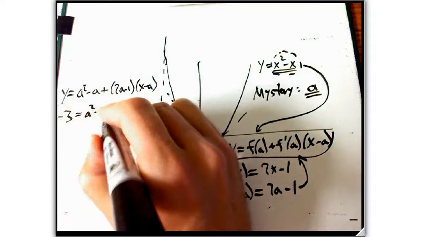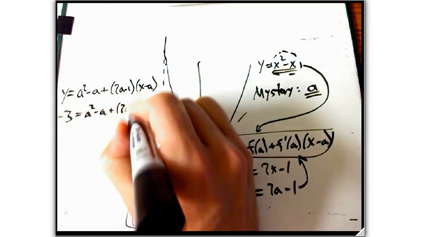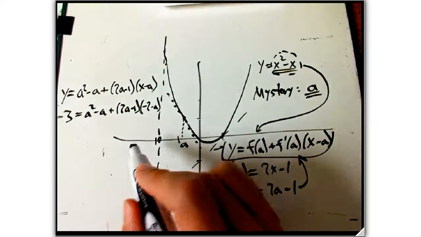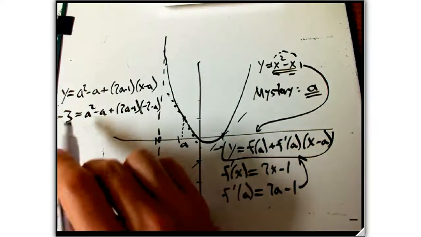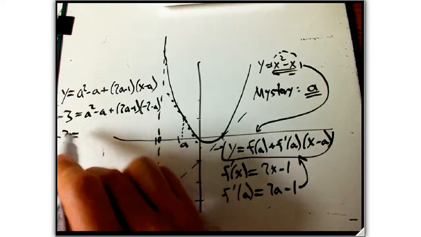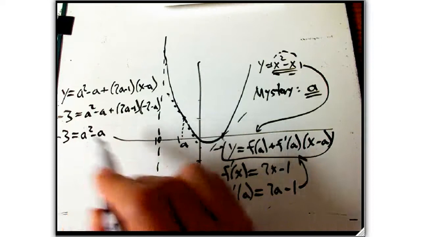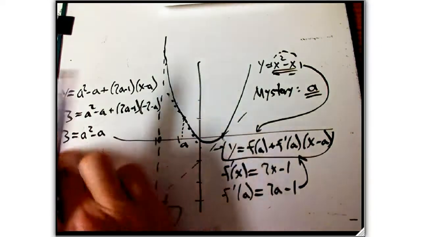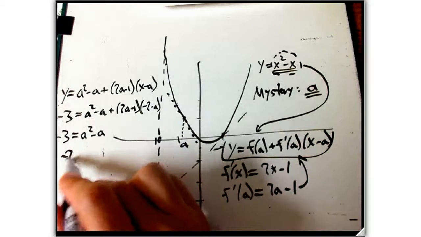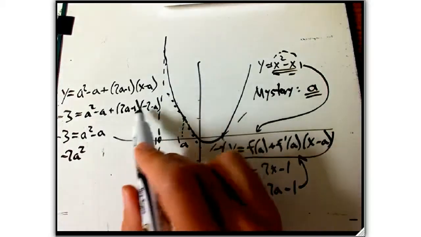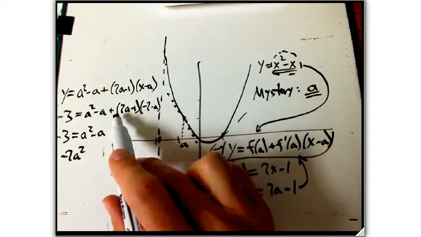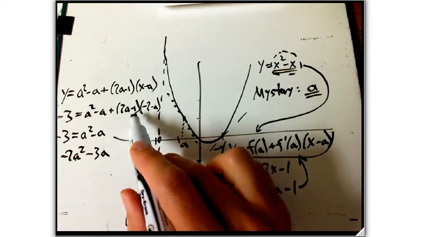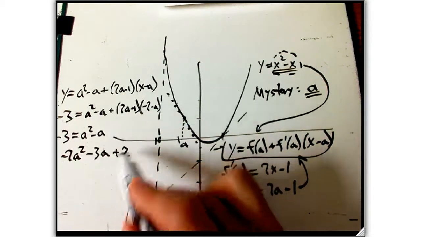So I'm just going to plug those in, and then this is going to be minus 2 minus a. Now we just have to simplify a little bit. Minus 3 equals a squared minus a plus, and now I'm going to carefully do this out. We get a minus 2a squared, then a minus 4a plus a, so minus 3a, and then a plus 2.